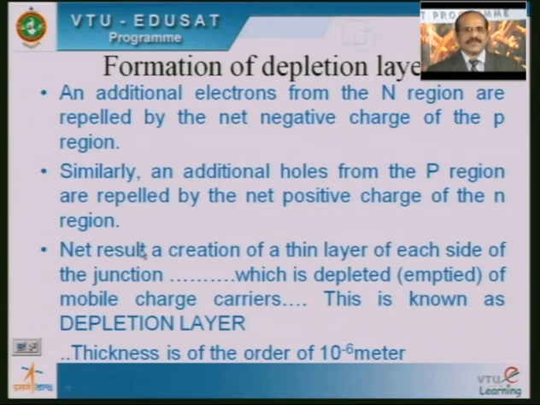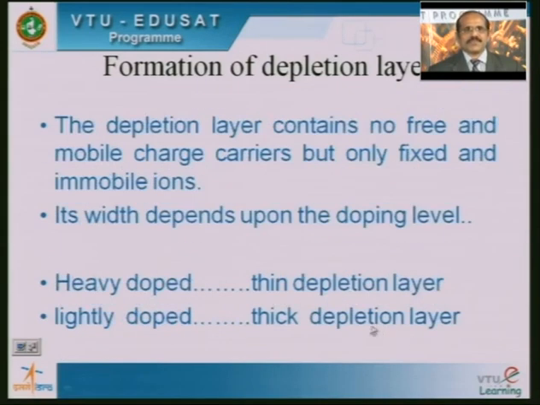The net result is the creation of a thin layer on each side of the junction which is depleted, that is emptied, of mobile charge carriers, and this is known as the depletion layer. The thickness of the depletion layer is of the order of 10 raised to minus 6 meters.